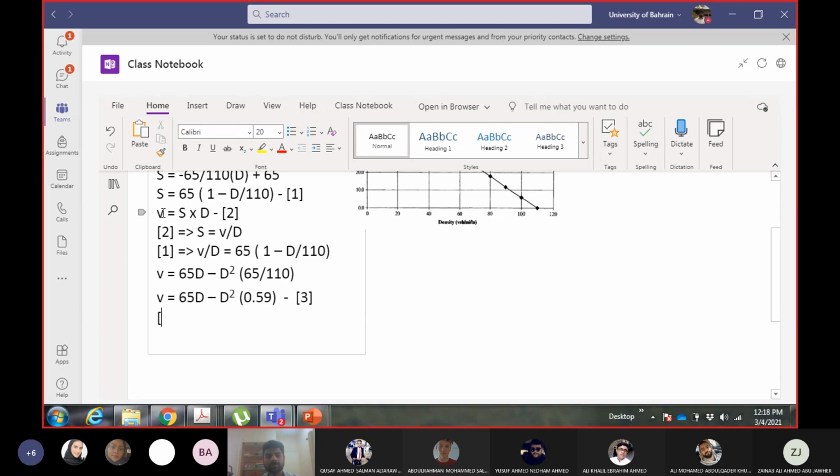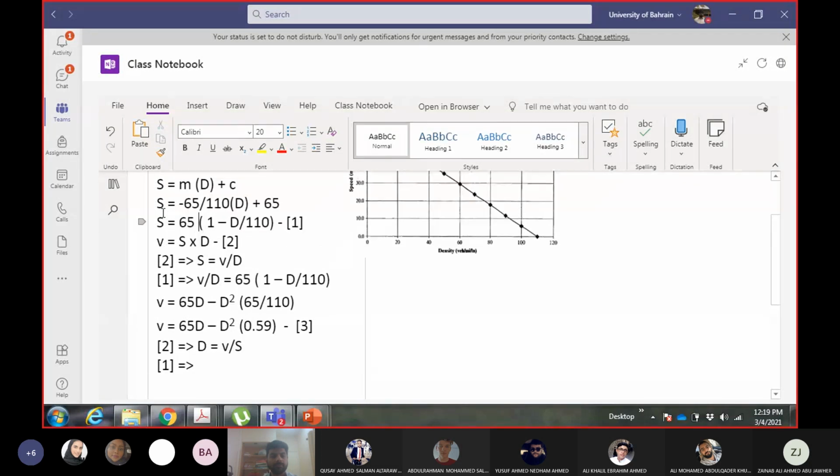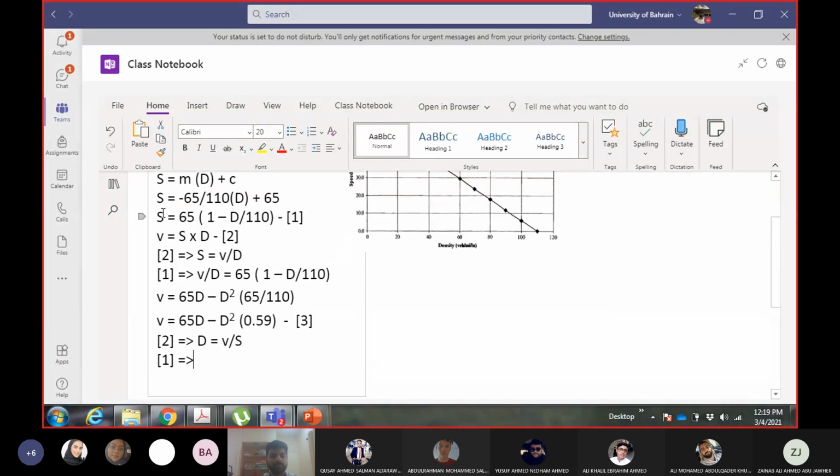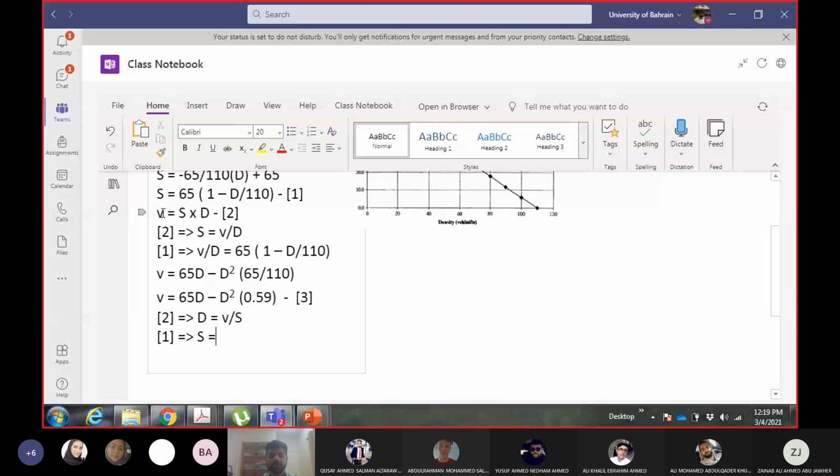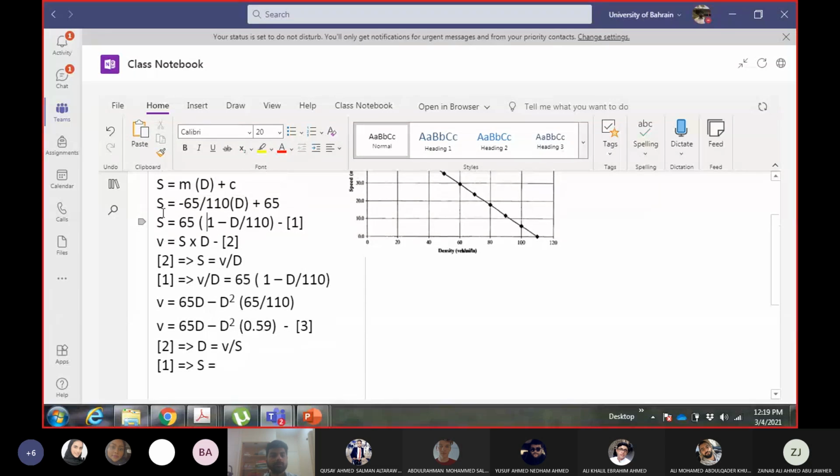So equation 2 would say that D equals V upon S. Then I will put this value in equation 1. Equation 1 says S equals now this whole thing.